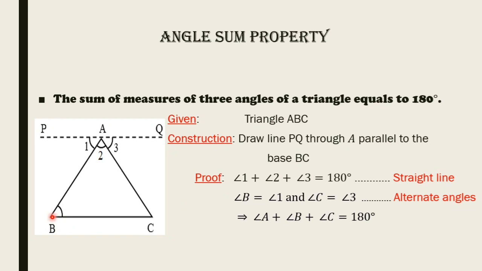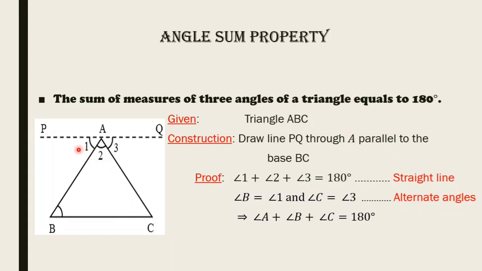Here it's given that triangle ABC is with angle A, angle B and angle C. Now we have to construct line segment PQ, which is passing through point A and parallel to line segment BC.